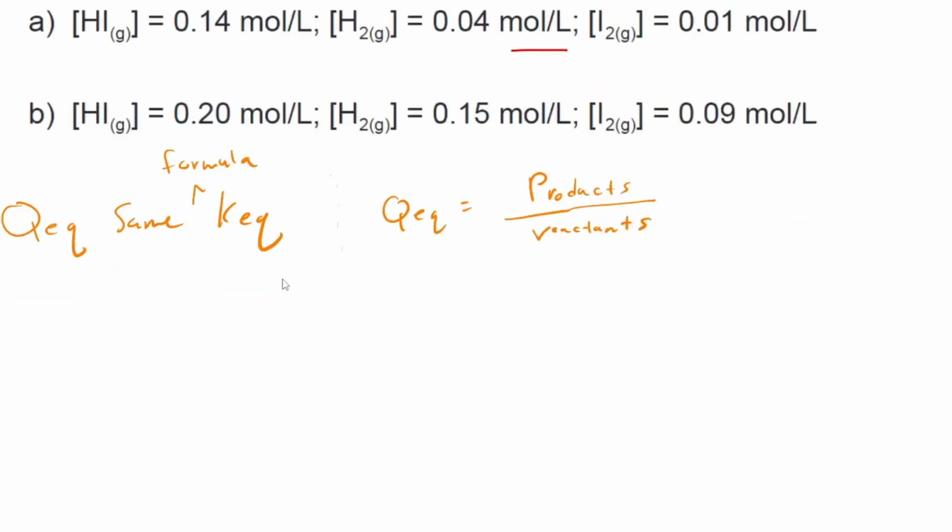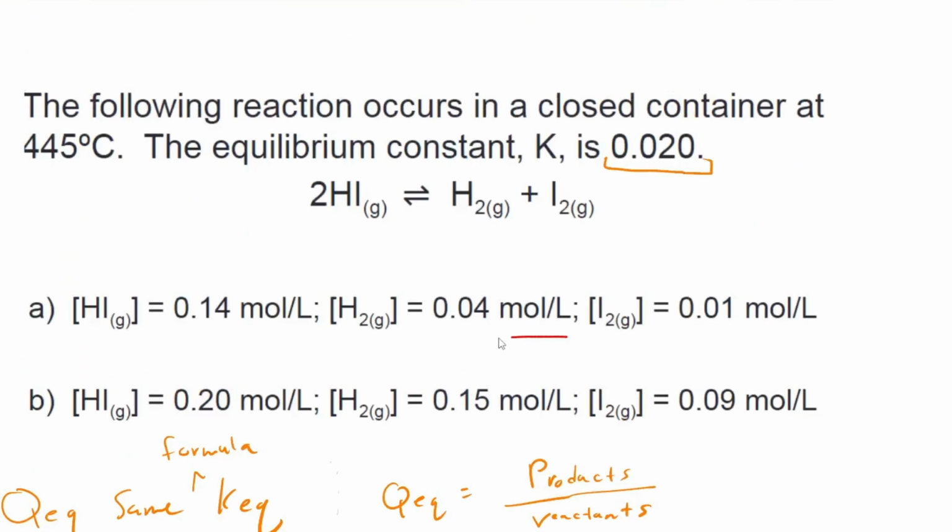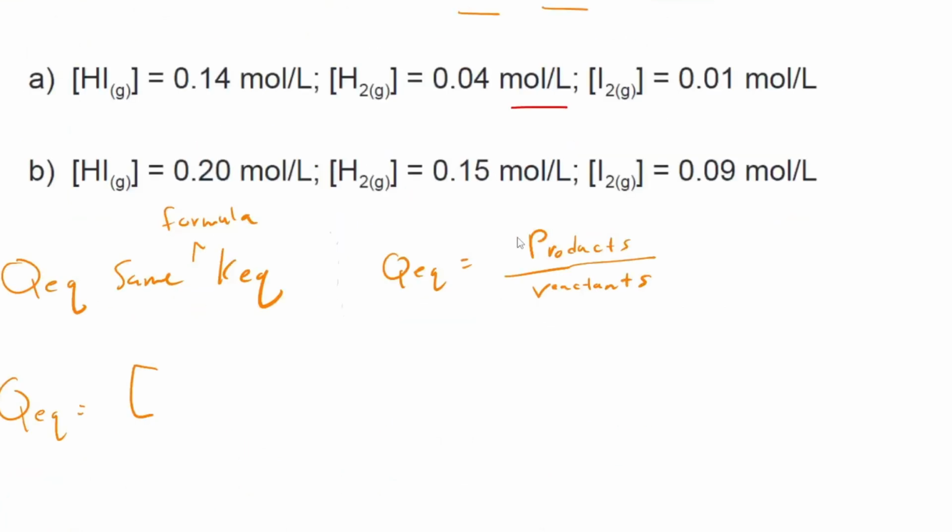So let's write it out here. I know that my Q would equal my H2, which is a product, and I2, which is iodine.